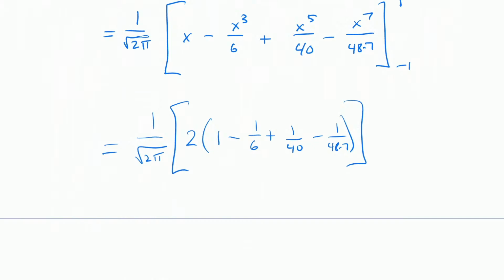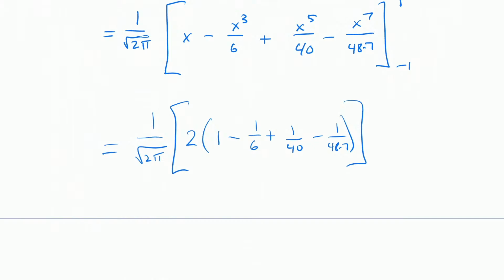There we go. Let's clear this out. So this is going to be 1 minus 1/6 plus 1/40 minus 1 over the quantity of 48 times 7. And that equals 0.8553.